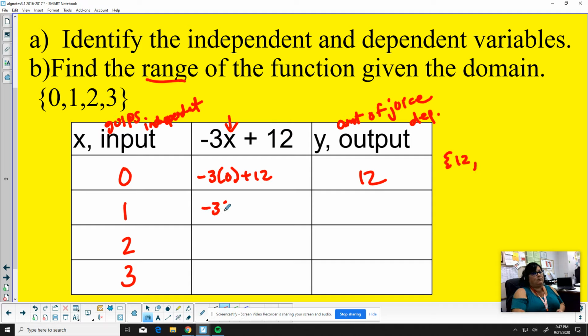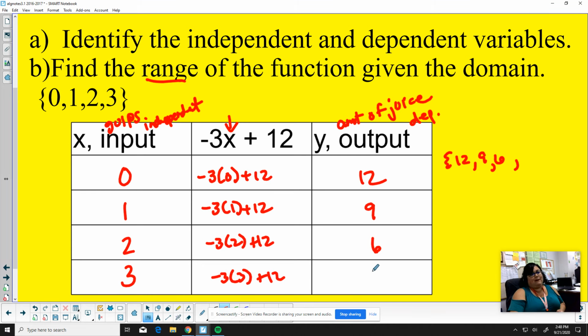Negative 3 times 1 plus 12, that'd be 9. So my second answer is 9. Negative 3 times 2 plus 12, that was 6. And negative 3 times 3 plus 12, that is 3. So my answer, that is my range, or my output, or my dependent variables based on the inputs that were put in.